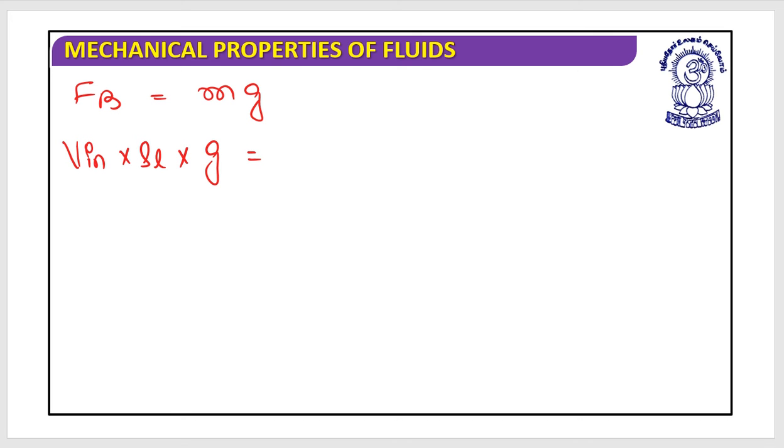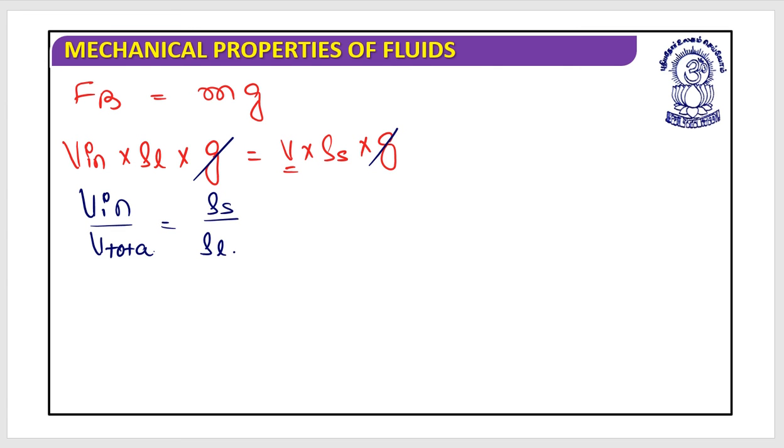This equals mg, while mg is V into density of solid into g. This V will be the V total. If you understand this carefully, then you will see that g and g cancel out, and from this V in by V total equals density of solid divided by density of liquid.